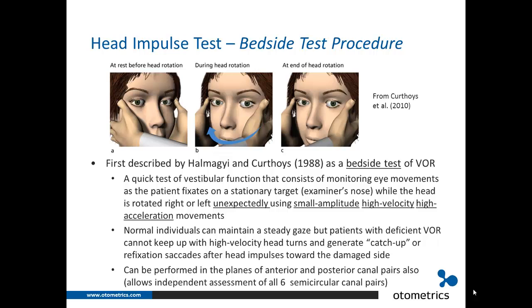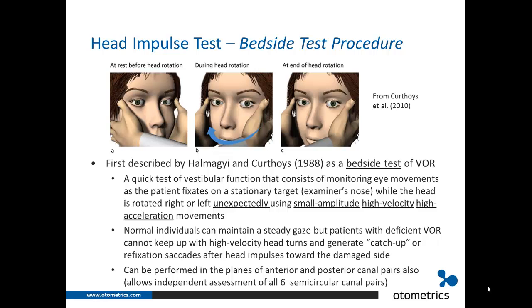As we'll see throughout these presentations, the success of both the bedside test and vHIT depends on generating precise head movements, so it's worth repeating that the direction, timing, and intensity of head impulses should be randomized, and small amplitude, high velocity, high acceleration head movements should be used.